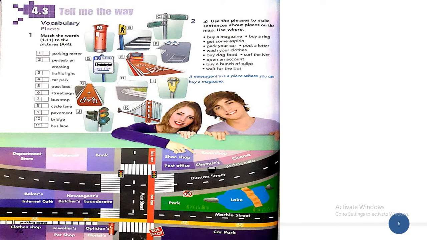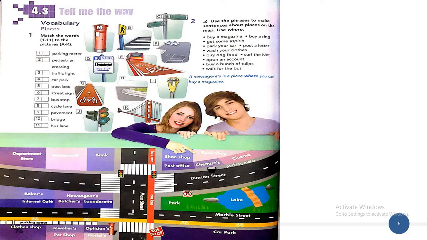Nice. And now, let's read question number 1. Match the words from 1 to 11 to pictures from A to K. I will read the words for you, and while I am reading, try to match the words with the pictures.